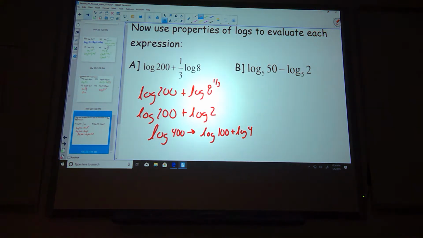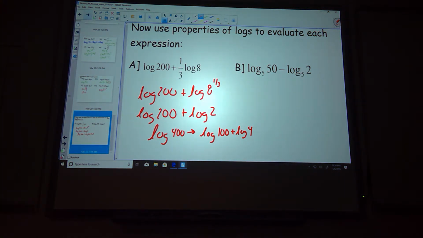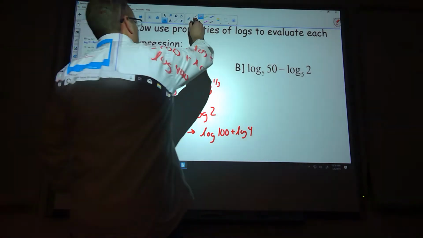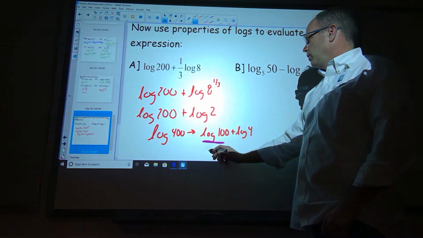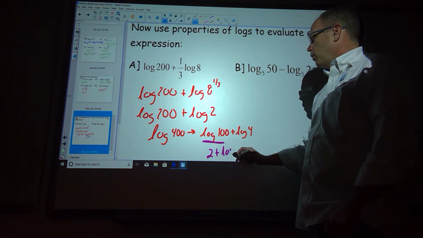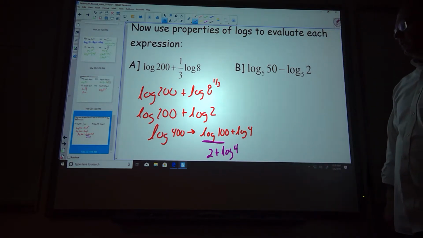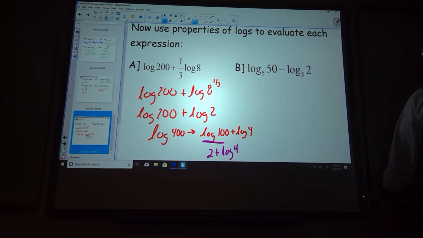What's log base 10 of 100? Make 100 in base 10 form. 10 to the what? So this right here becomes just 2. So 2 plus log 4. I guess you could convert log 4 to 2 squared, but you could leave it like that.